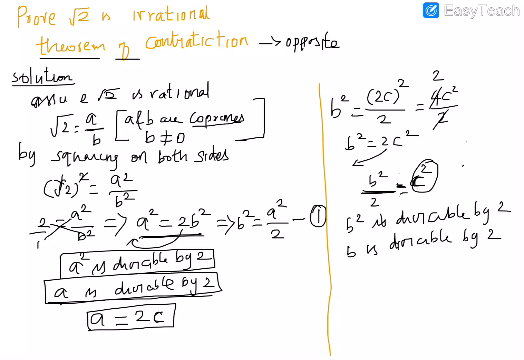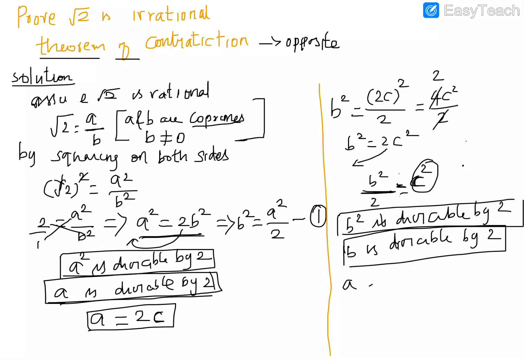Once a square is divisible by 2, then a must be divisible by 2. The same concept I apply here. If b square is divisible by 2, b must be divisible by 2. So here you see a and b both are divisible by 2.